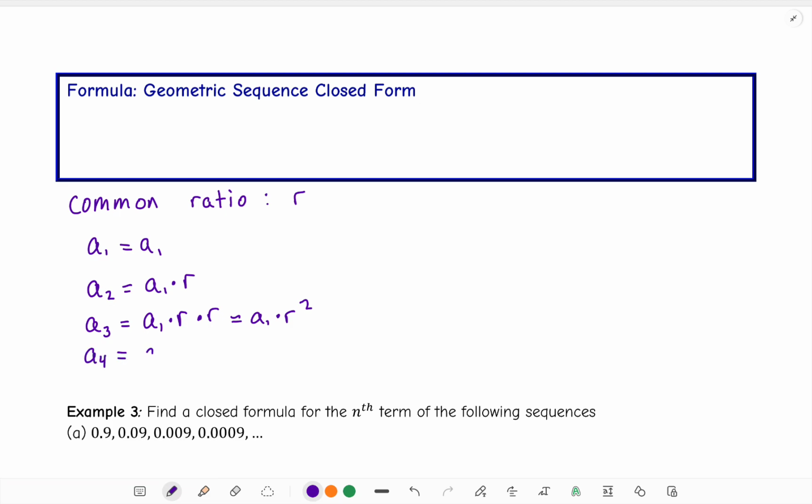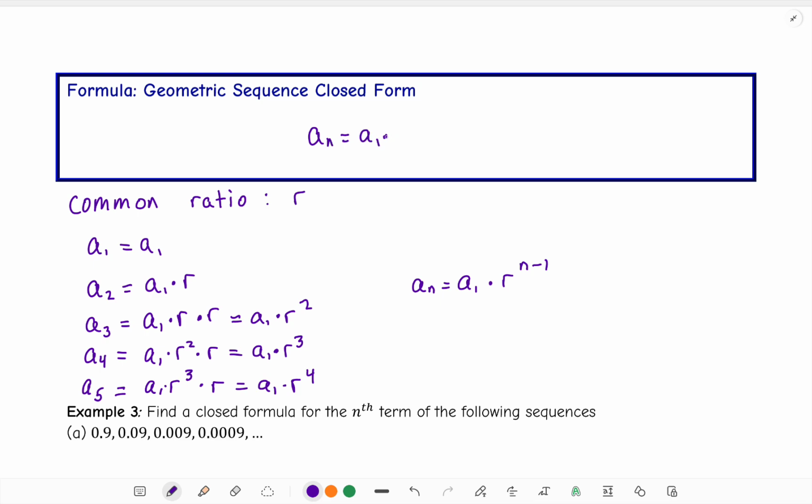A4 is that times R. So that's A1 times R cubed. And then just for good measure, A5 is that times R, which is A1 times R to the fourth. So we get that AN is our first term times our common ratio to the N minus 1 power.